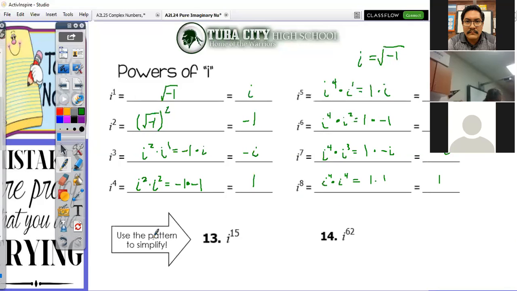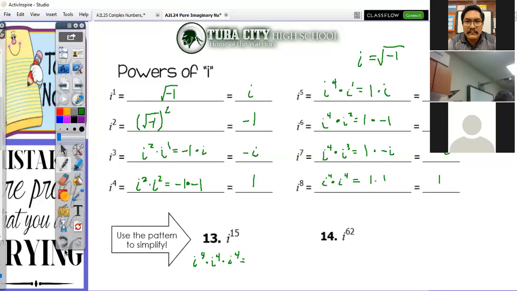So let's use this pattern to simplify. We could break it down into numbers like this. Make sure the powers add up to 15. So i to the 4, that would be i to the 8. One more is i to the 12.